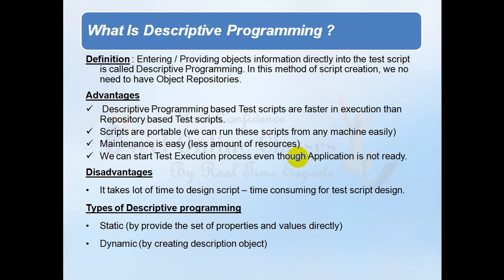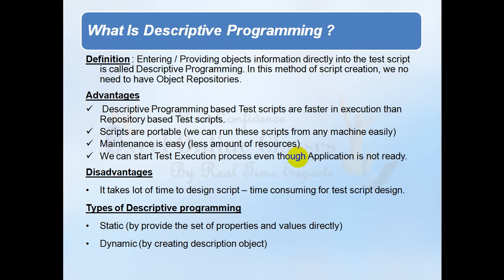The scripts developed in descriptive programming are portable and maintenance is very easy. We can start the test execution process even though the application is not ready. That is the best advantage of descriptive programming language. The disadvantage is that it takes a lot of time to design the script, consuming more test script design time.